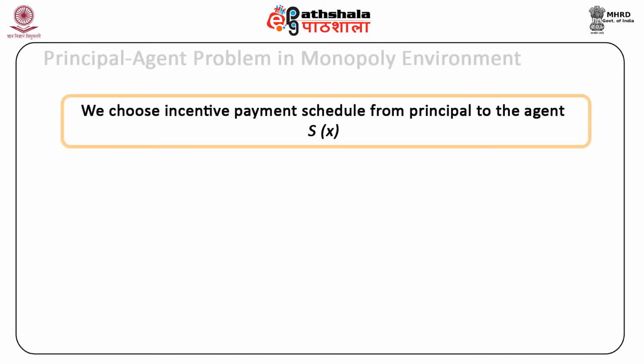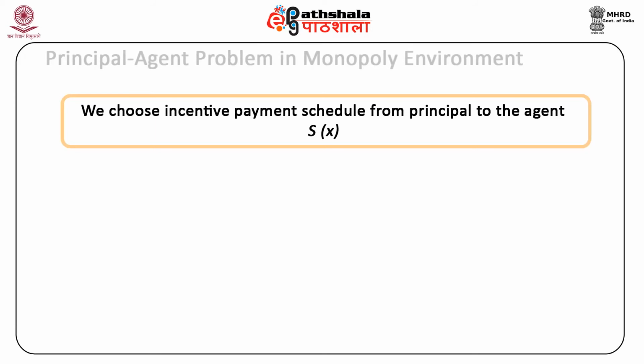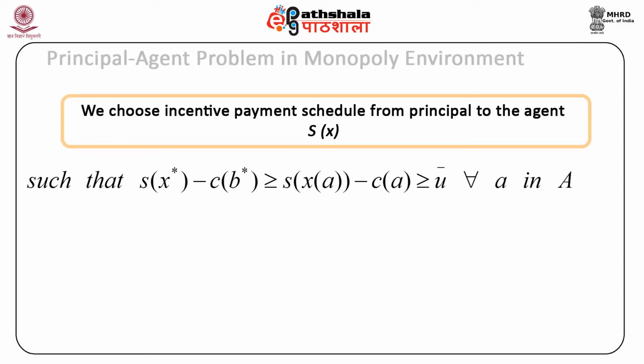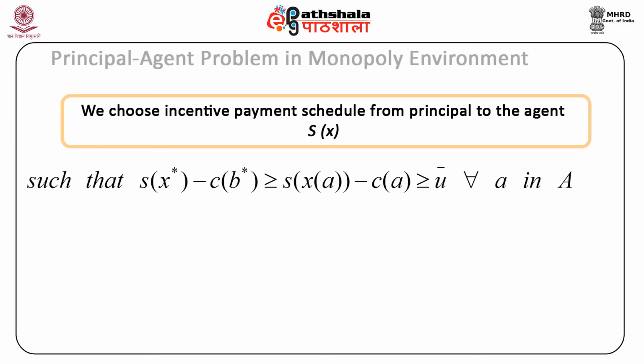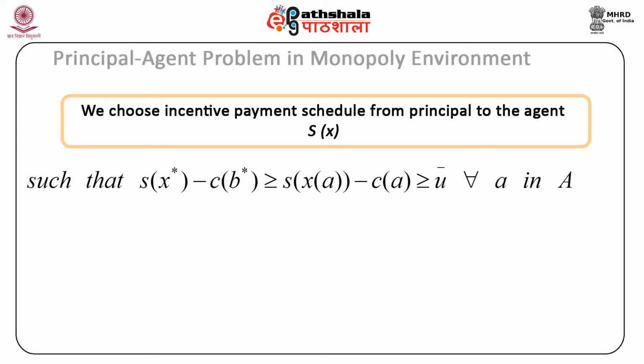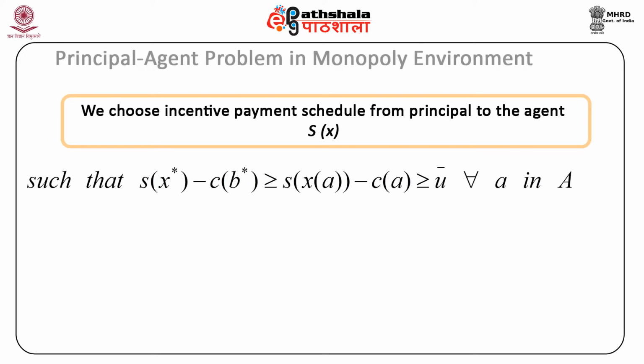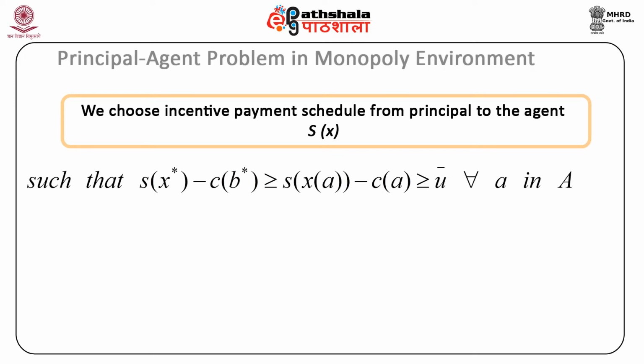We choose the incentive payment schedule S(x) such that S(x star) minus C(B star) is greater than or equal to S(x(A)) minus C(A), which is greater than or equal to U bar, for all A in capital A. This is condition 10.